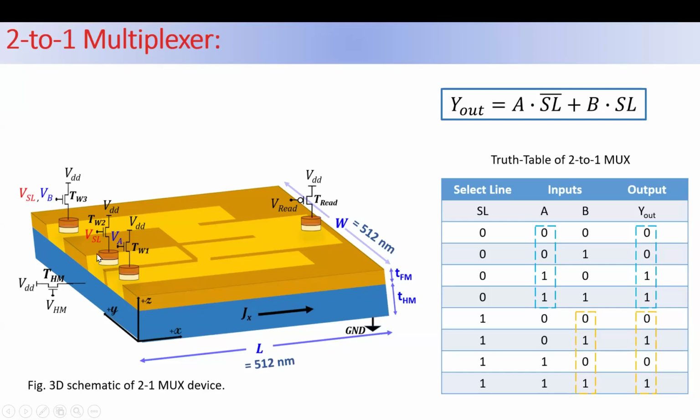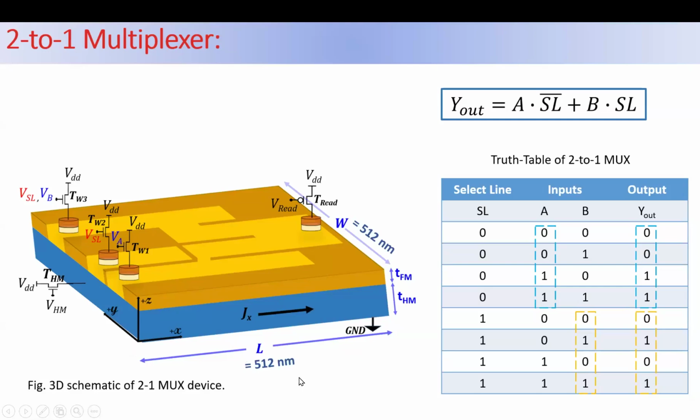The same select line is given at these two places, and we collect the output at the other end of the device by using a read MTJ. The current is applied in the x direction, and the skyrmions also move in the direction of the applied current.